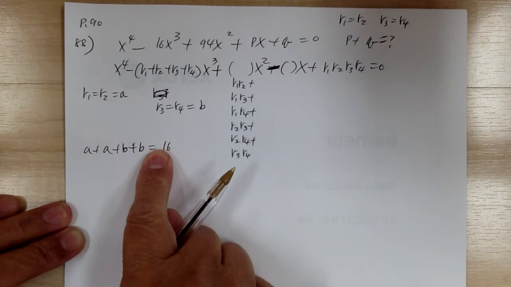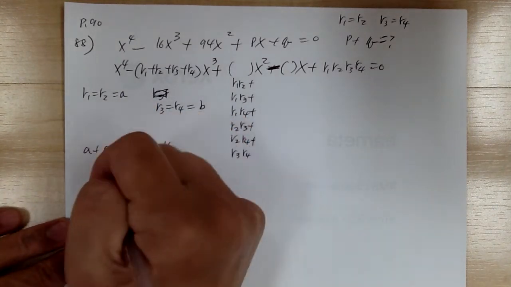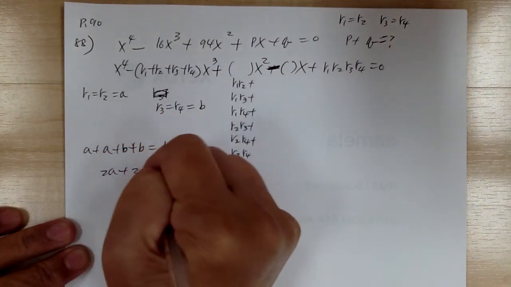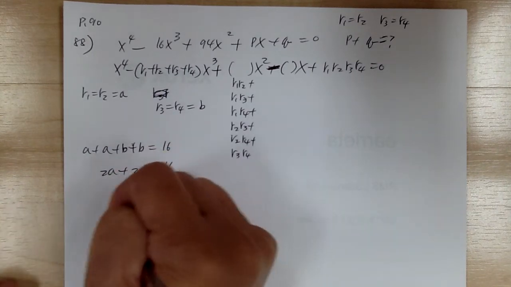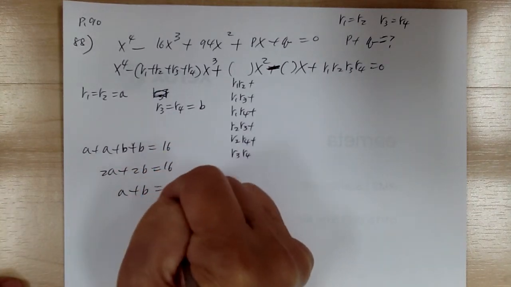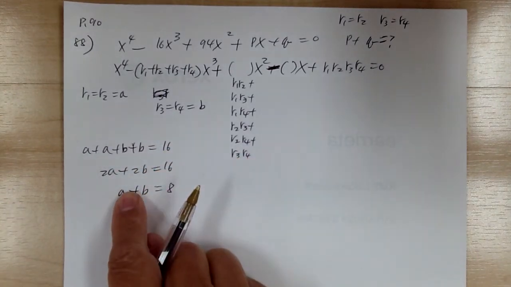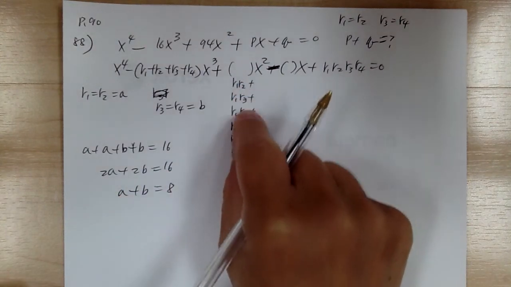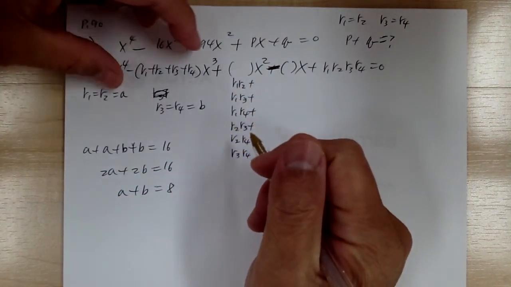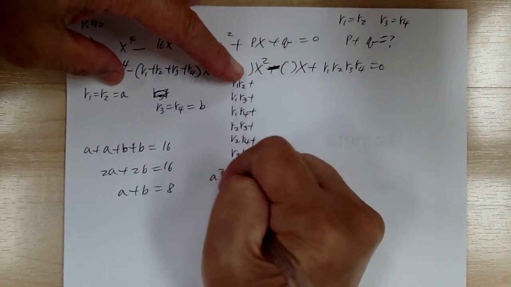So from here you're going to get 2a plus 2b equal to 16. Divide by 2, so you get a plus b equal to 8. So we got one equation from here. Now let's go and do this equation here. So r1 r2 would be a squared.